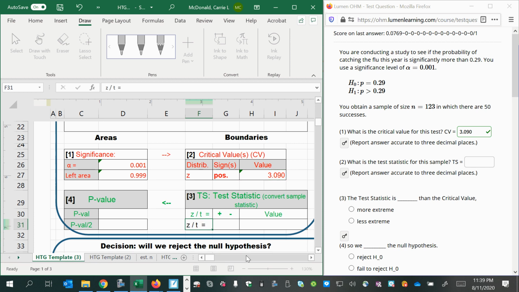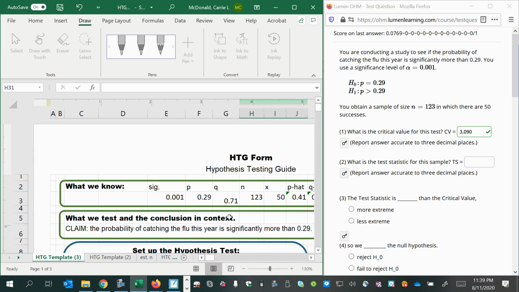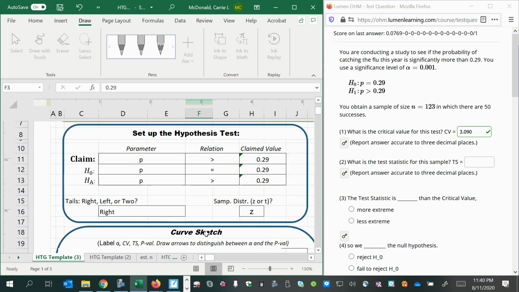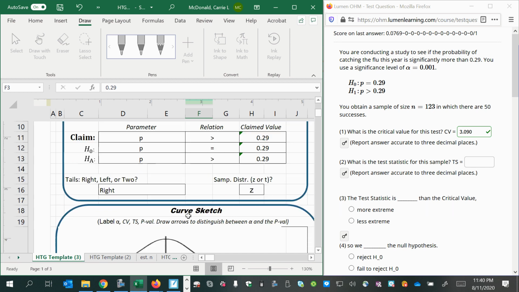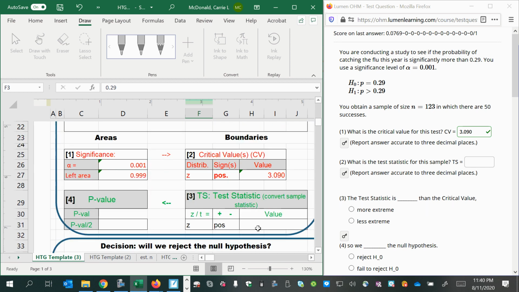So it's going to be a z-score, just like the critical value was, because we're using the z distribution. And it will be positive. And I know it'll be positive because the p hat that I was given is greater than the claimed p, right? So it has to be a positive z-score.